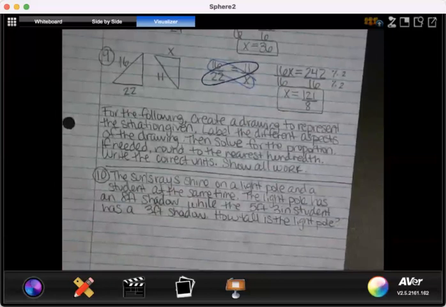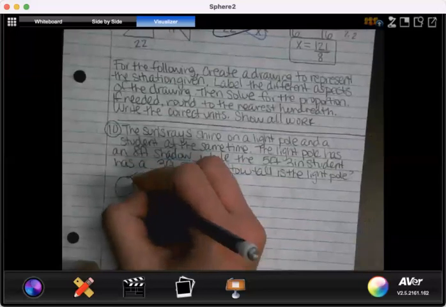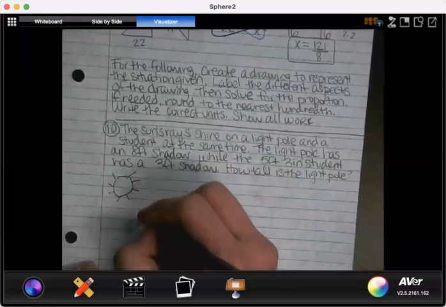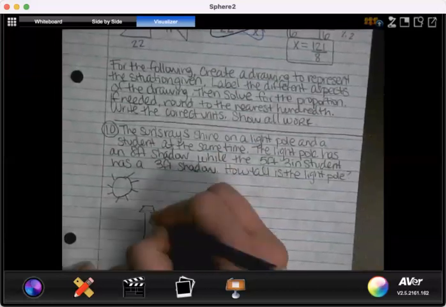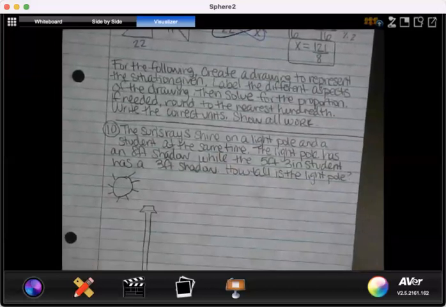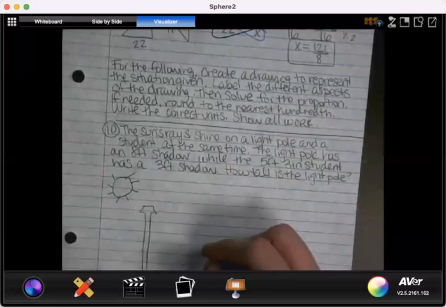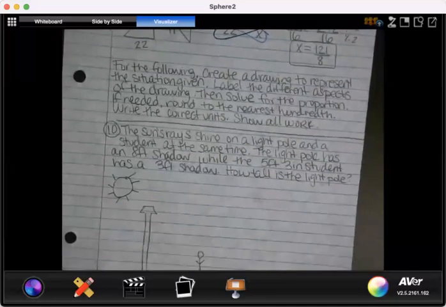So we're going to create a little image to represent this. So I have my sun. Okay, and then we have a light pole, which we're not going to make fun of our drawing. Here's my little light pole. And it has a shadow, right? Shadow down here. And then we have a little student, and they have a shadow.